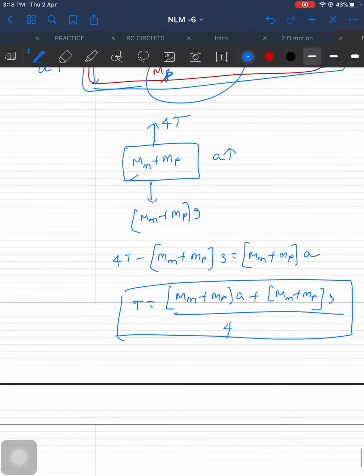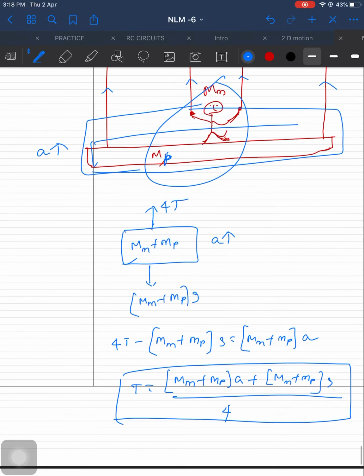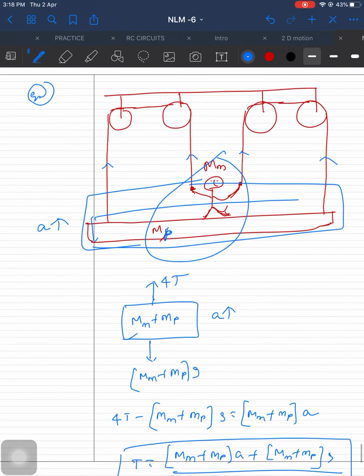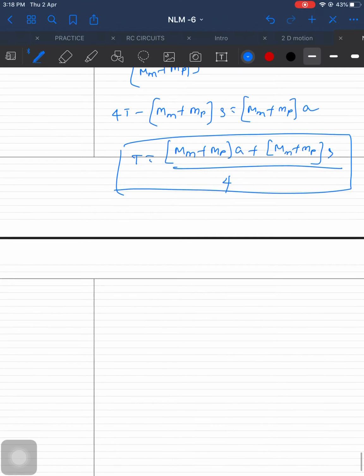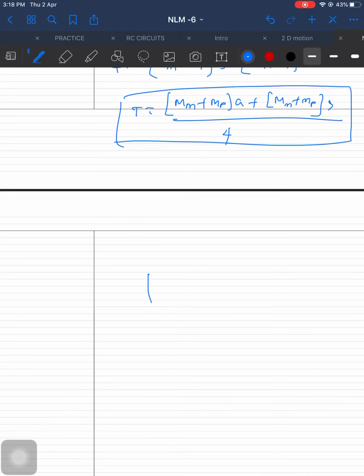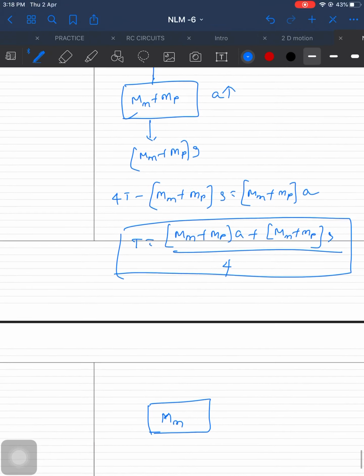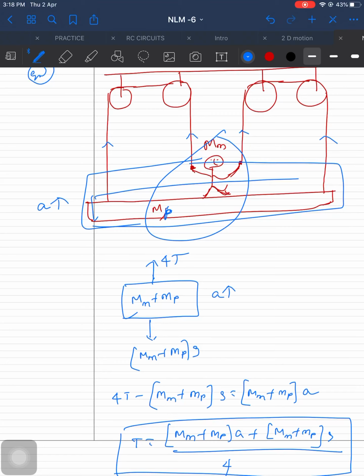To get the normal, take either man or plank as a system. Now I am taking man as a single system. How many forces are there on the man? Upward, two forces, tension and tension. What else is another force? Contact force. Normal will be in the upward direction, remember.